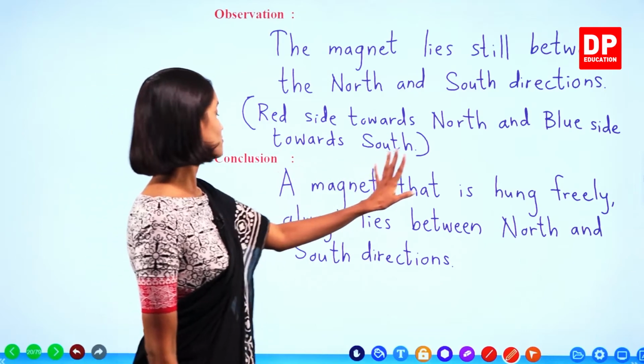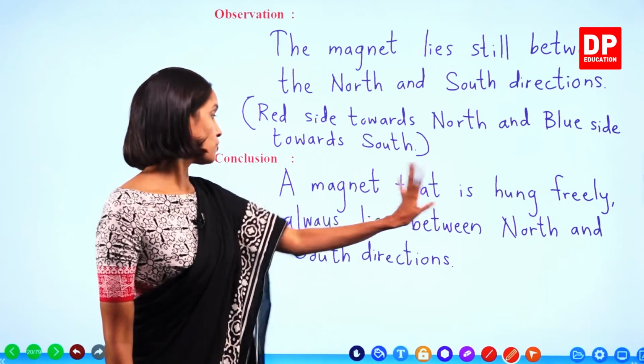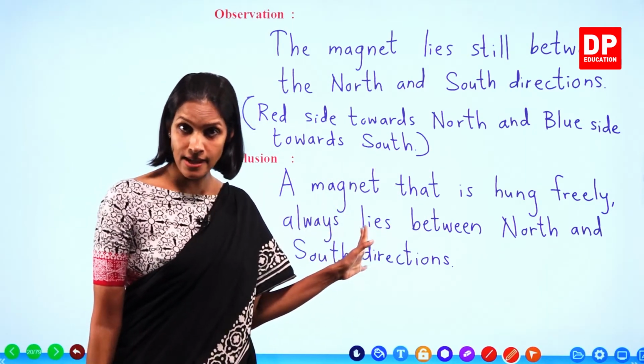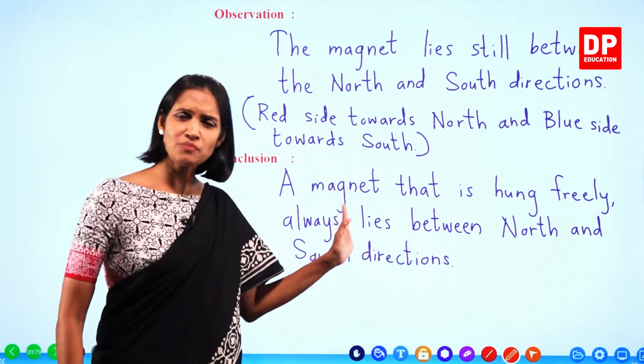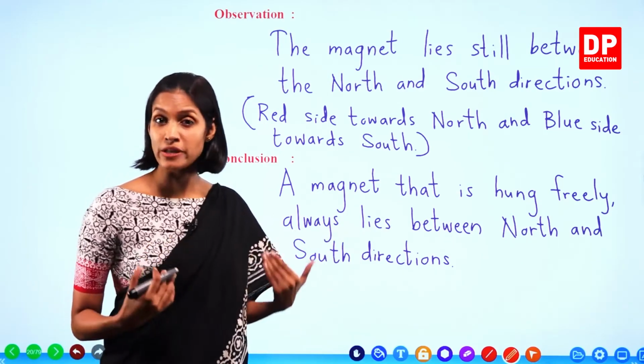A magnet that is hung freely always lies between north and south directions. Understand, children? Now we have to do a similar activity, the same type of activity to understand this better, right?